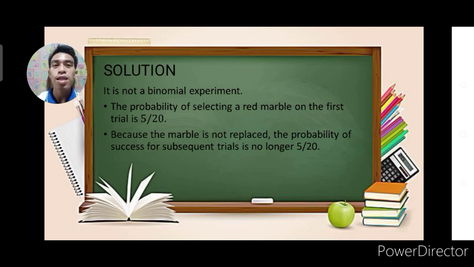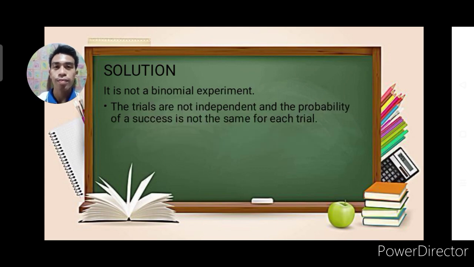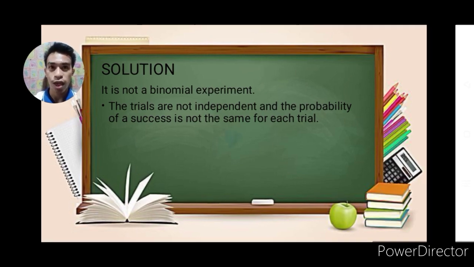Our reason: the probability of selecting a red marble in the first trial is 5 over 20. Because the marble is not replaced, the probability of success for subsequent trials is no longer 5 over 20. So the trials are not independent and the probability of a success is not the same for each trial.